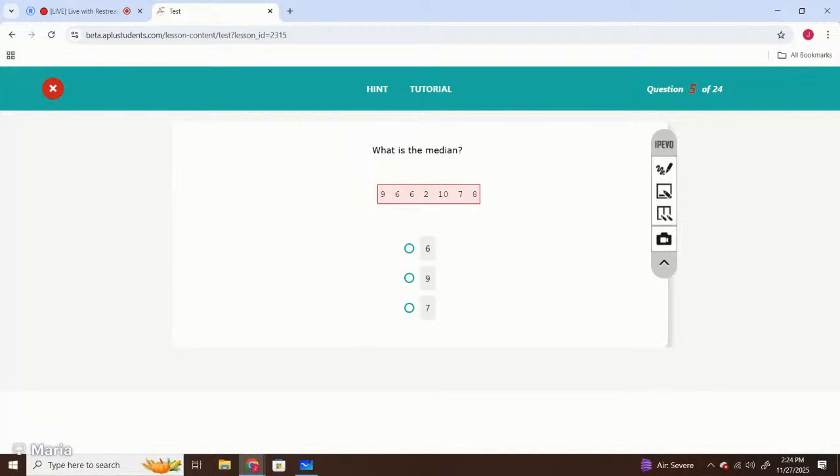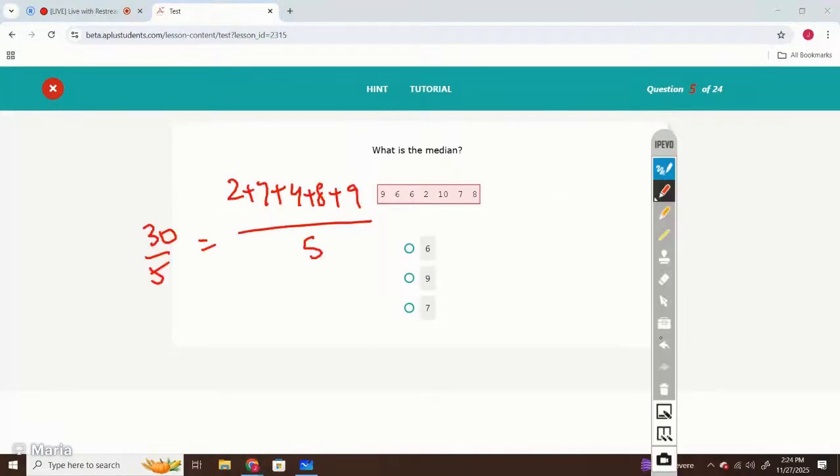Which is the correct option for the median? For the median, we need to arrange them from least to greatest. So 2, 6, 6, 7, 8, 9, and 10.